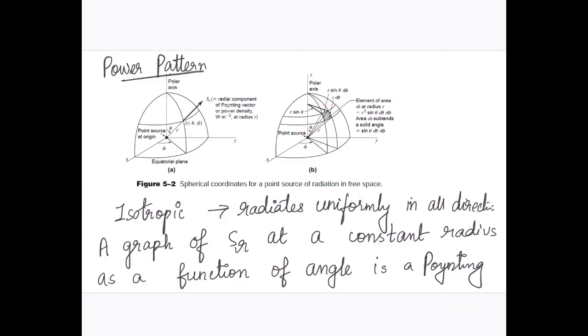Here it is considered as an isotropic source which radiates uniformly in all directions. A graph of S_r at a constant radius as a function of angle is the pointing vector, also known as the power pattern.